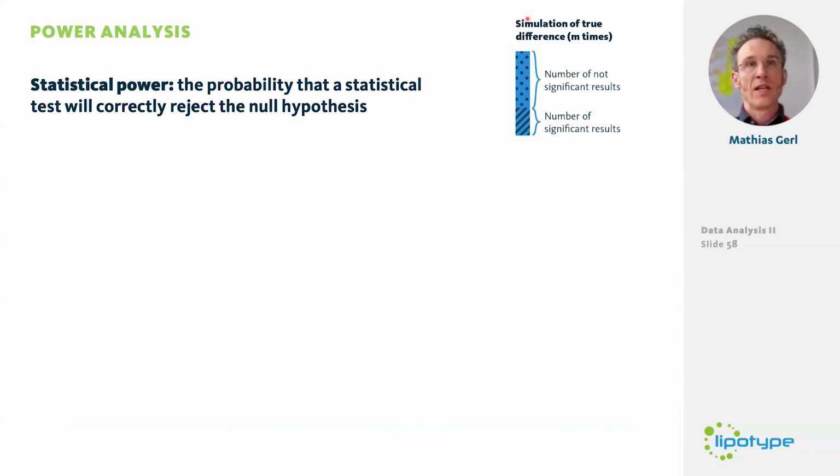And if you're on the simulation side of things, you would actually say this relates to how many times you find a significant result compared to how many times you don't find a significant result if you simulate this test multiple times.